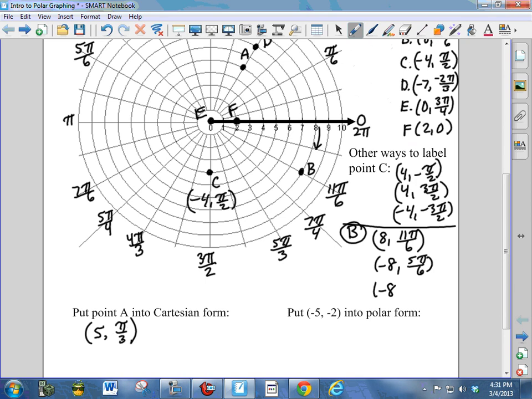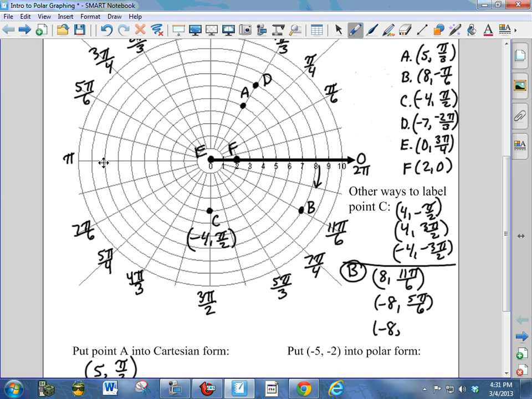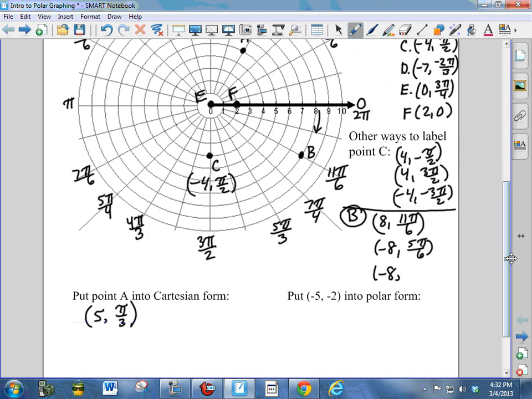Or negative 8, and then if I go in the negative direction, if I wanted to get to point B, how far have I gone? I've gone all the way around pi units and then another 1/6, so this is 7 pi over 6, but in the negative direction. So this is negative 7 pi over 6.